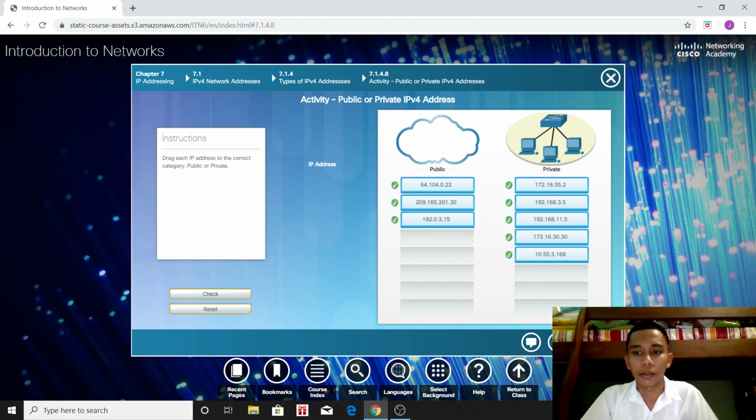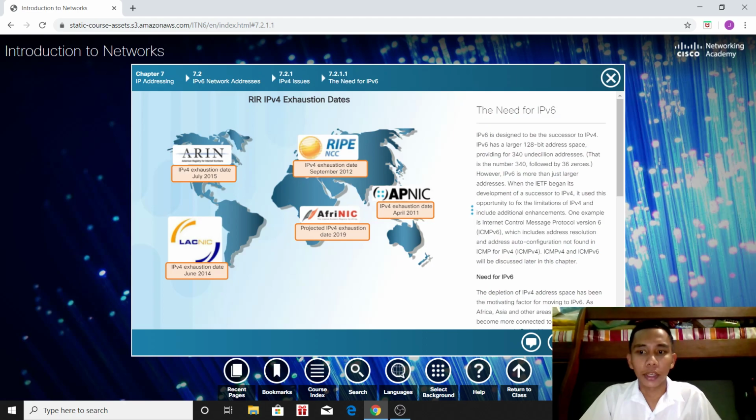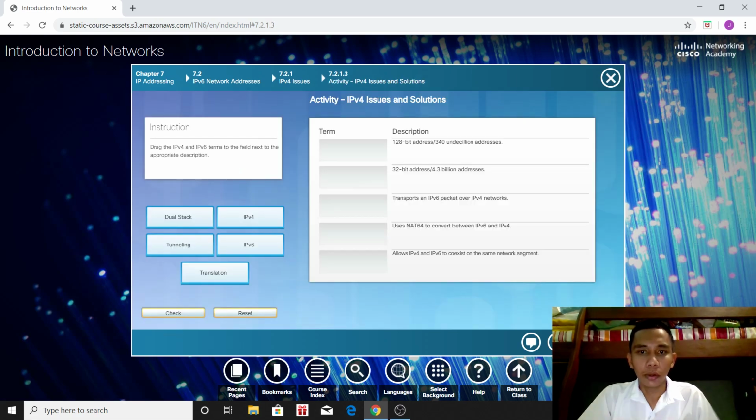So let's proceed to the next activity in chapter 7, which is IPv4 issues and solutions. For 5 terms and descriptions here. So the instruction, drag the IPv4 or IPv6 term to the field next to the appropriate description.